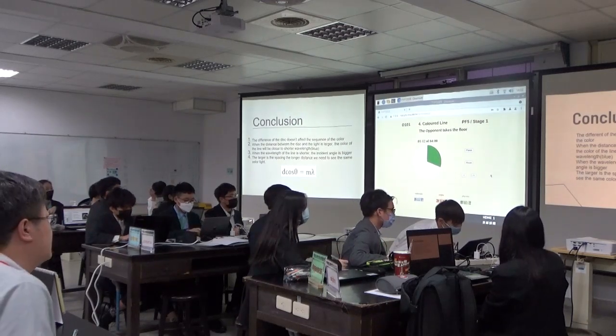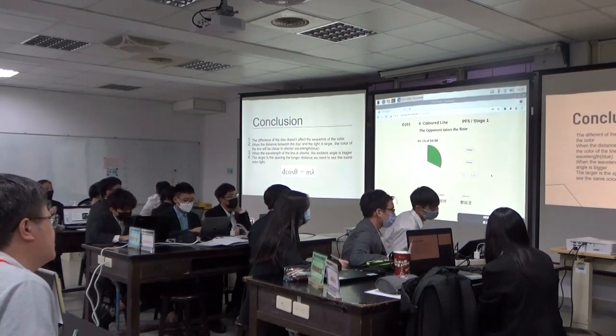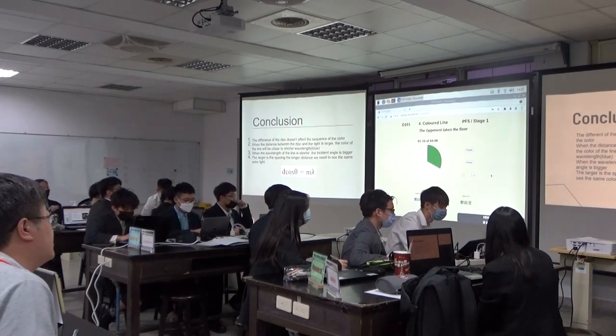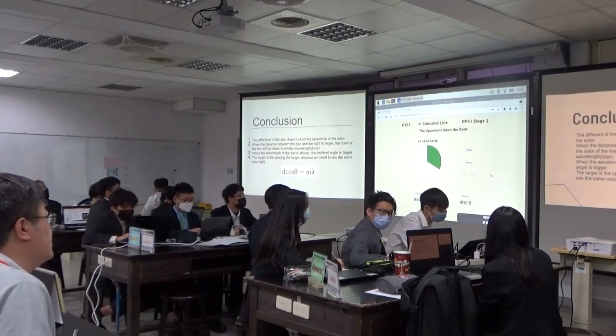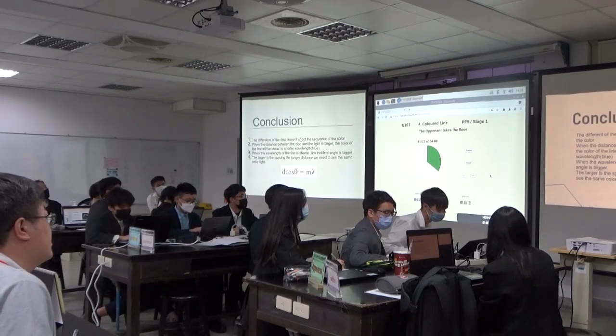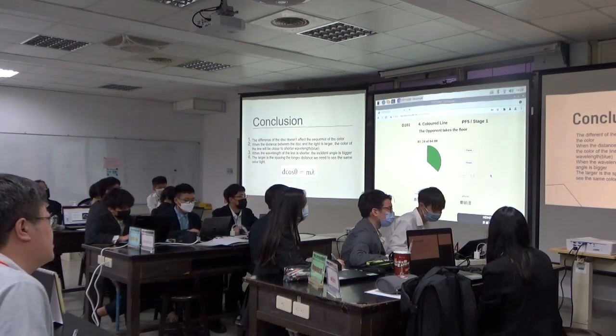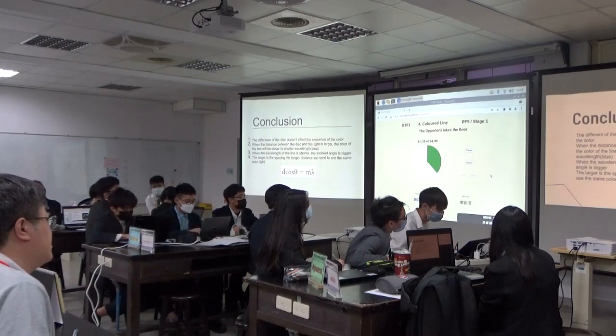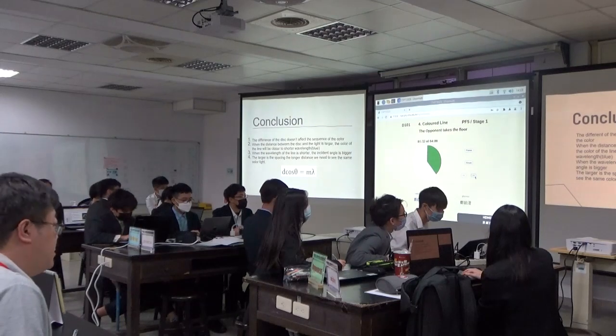When the distance between the disc and the light is larger, the color of the line will be closer to shorter wavelength. When the wavelength of the line is shorter, the incident angle is bigger. The larger the spacing, the longer the distance they need to see the same color line.